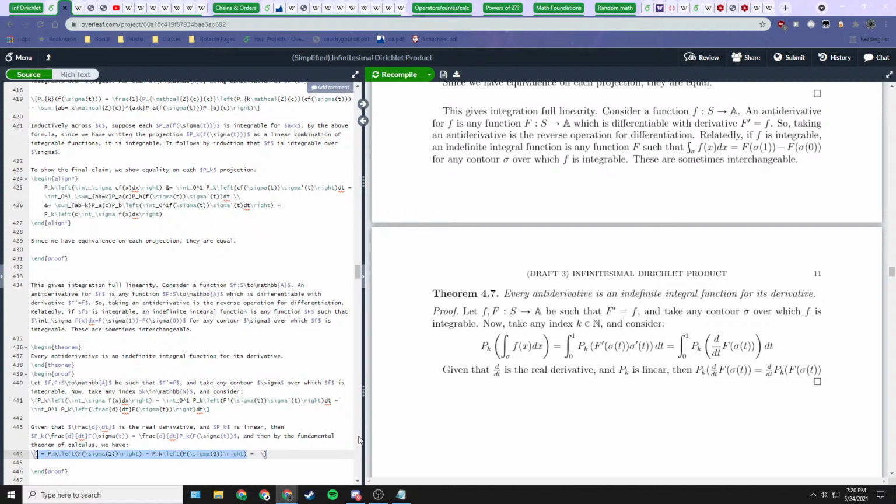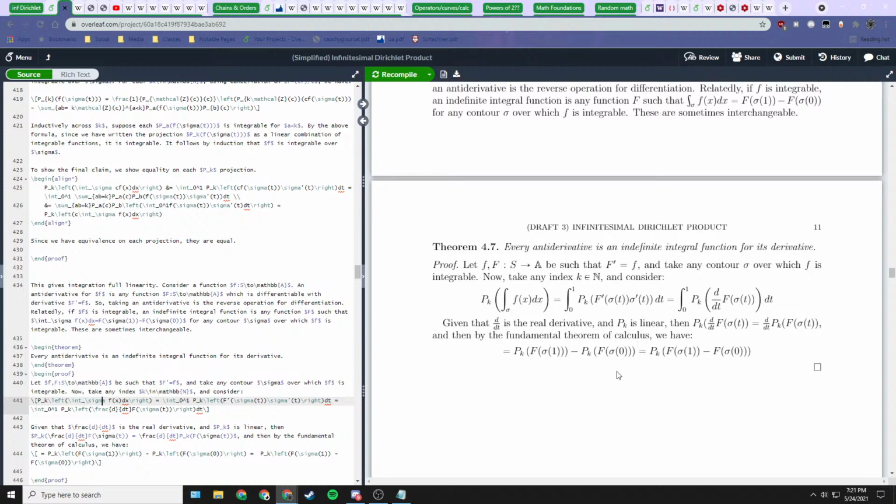And then we can also pull this out, because p sub k is linear. Hopefully that looks nice. Okay, that's good.